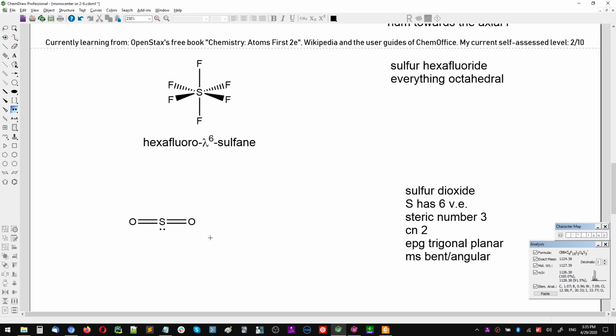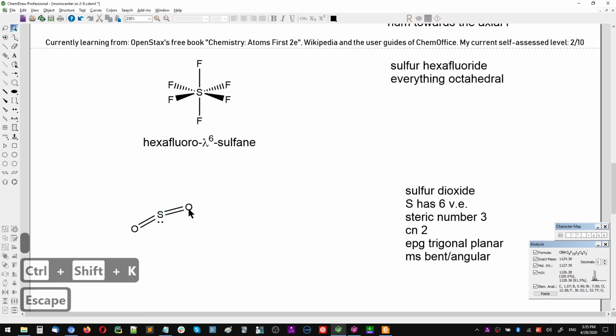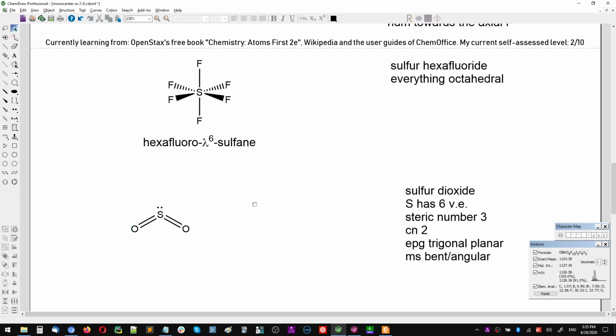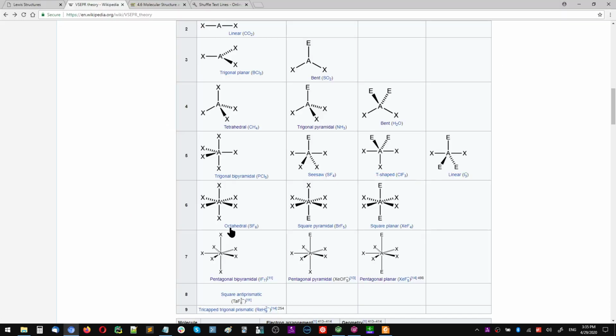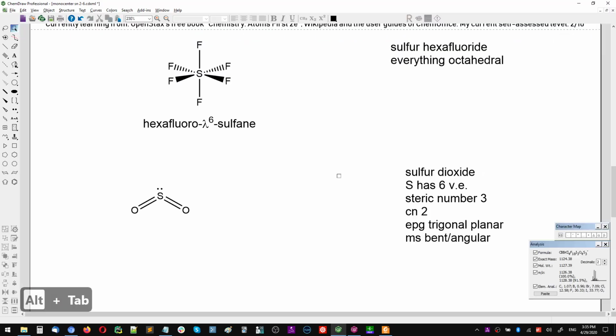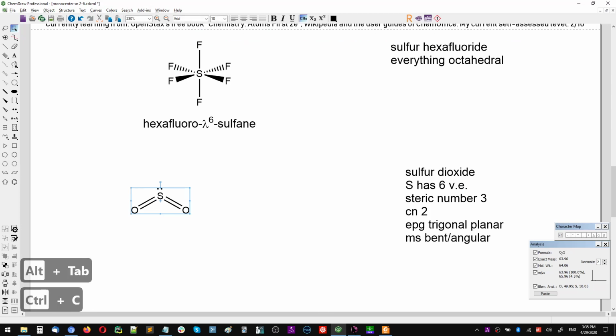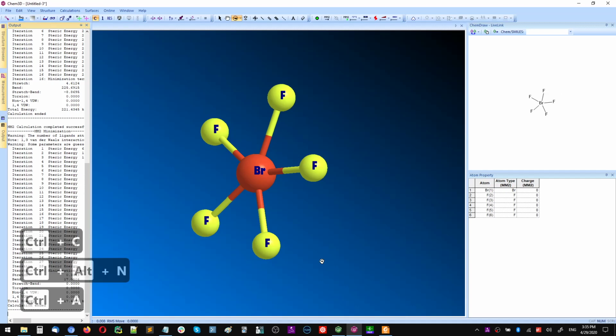Okay. No, it's correct. Let me just bend it a bit. So when I ask it to auto arrange, I don't like this. Anyway, it doesn't matter. Let's check. Sulfur dioxide bent. First, we can name it. Paste it here as well.